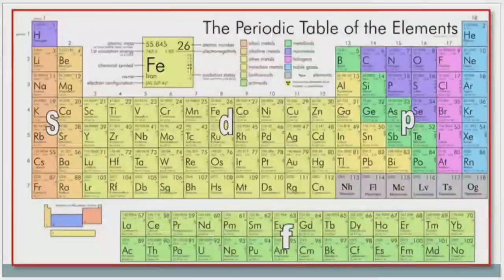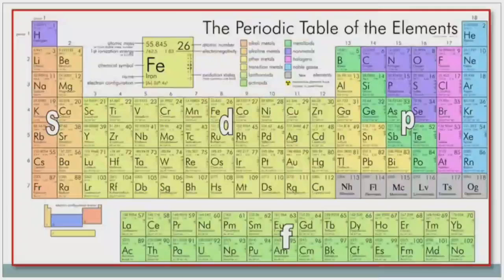If you observe the elements in green color, it is like a staircase: boron, silicon, germanium, arsenic, antimony, tellurium, polonium. This separation is like a staircase.